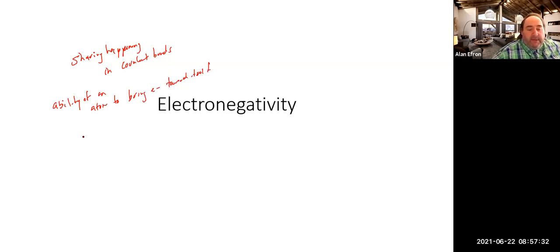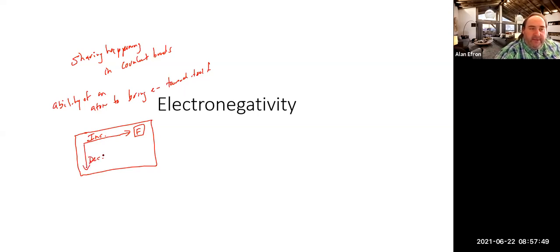And remember the trend on the periodic table: it increases as we go this way, with fluorine being the most electronegative, and it decreases as we go down. So electronegativity is a key component to understanding how fairly those electrons will be shared between two different elements.